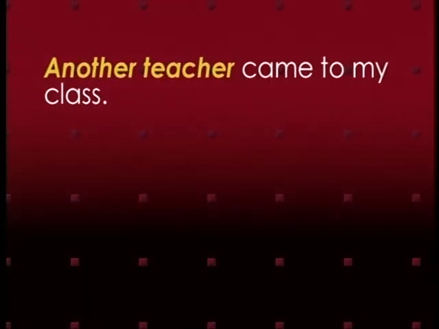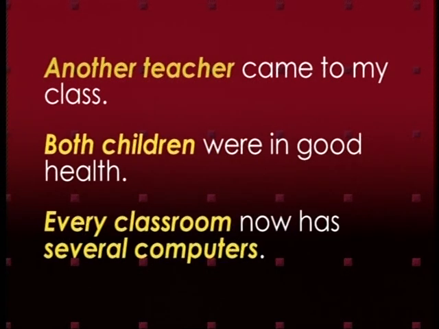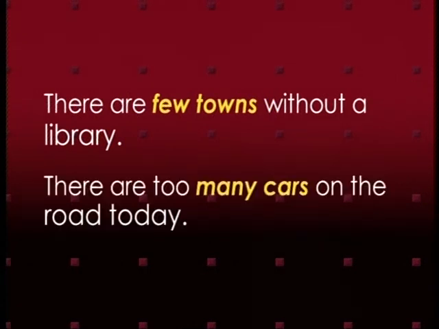Let's look at a few sentences using these words with countable nouns. Another teacher came to my class. Both children were in good health. Every classroom now has several computers. There are few towns without a library. There are too many cars on the road today.